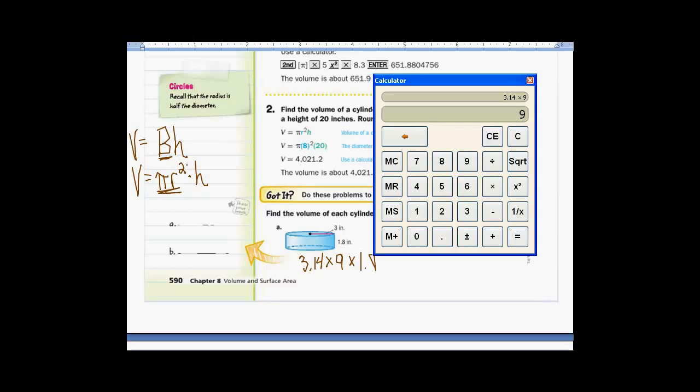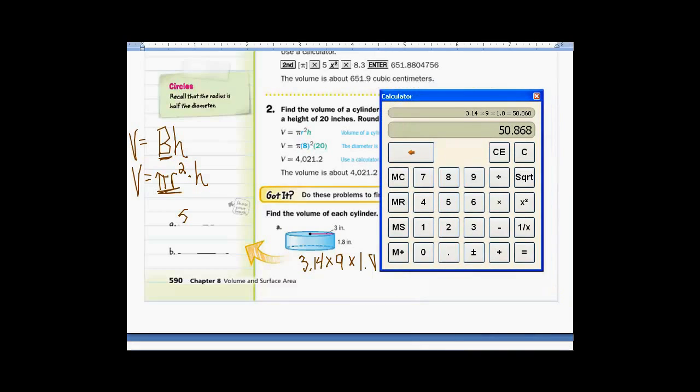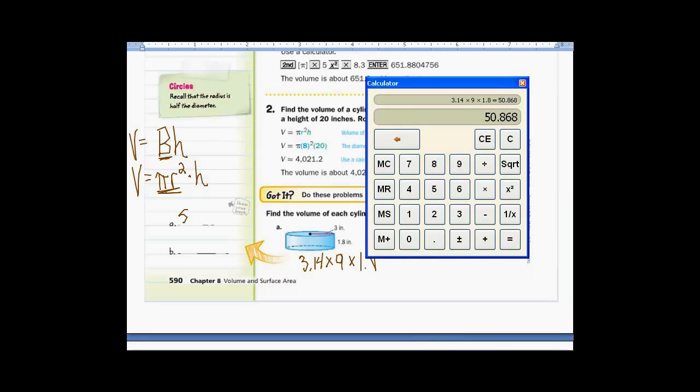That's radius squared. 3.14 times 9 times 1.8, and I get 50, and did it say round to the nearest tenth? Yep. So 50 point, which one's in the tenth spot? The 8, so we look at the 6, which makes the 8 go up to a 9, so 50.9.